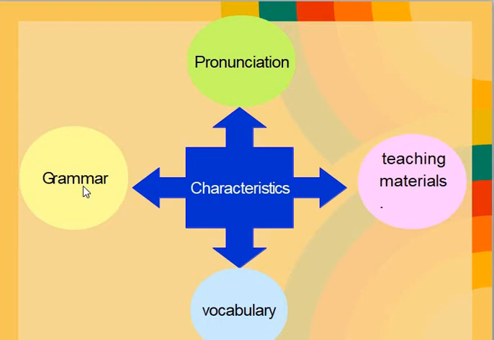After that, grammar is also a focus in this method, because the teacher provides the accurate pattern and students imitate that particular pattern. Vocabulary is also improved, and the focus is on everyday vocabulary. The teaching materials are basically the syllabus, and further things are already planned by the teacher.